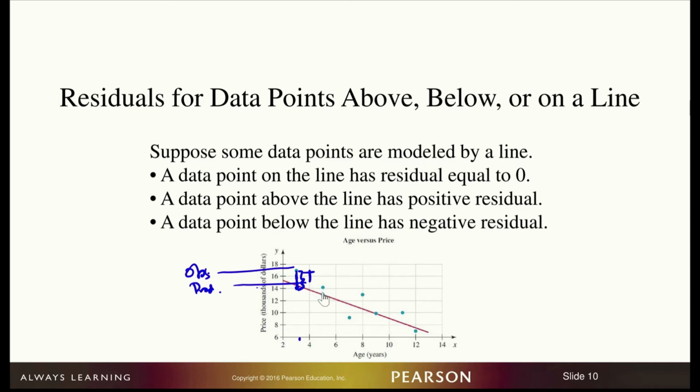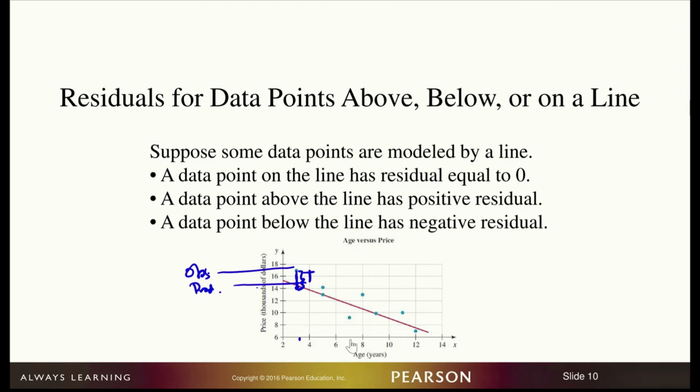So with this, anytime the actual value is higher than the predicted value, you're going to have a positive residual. So in this scenario, this will fall above. All these points that fall above the model are going to have positive residual.